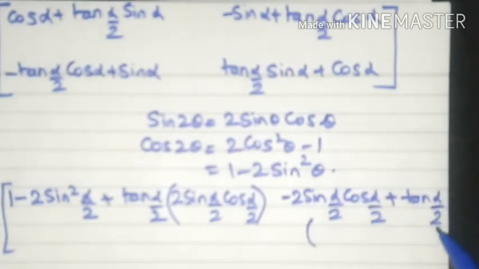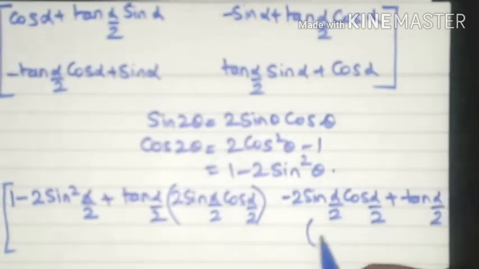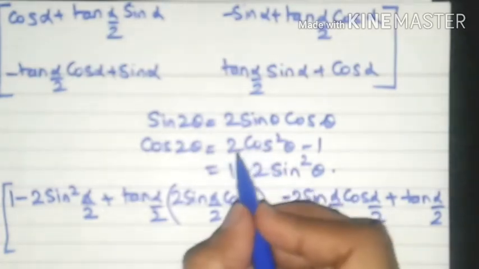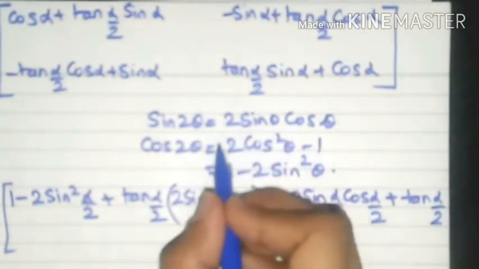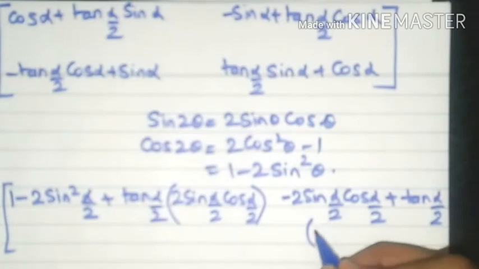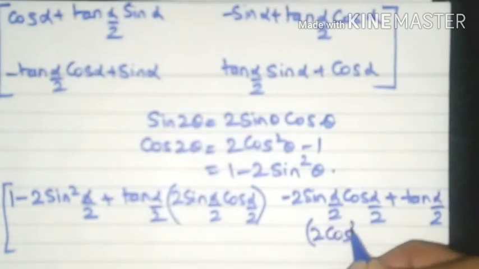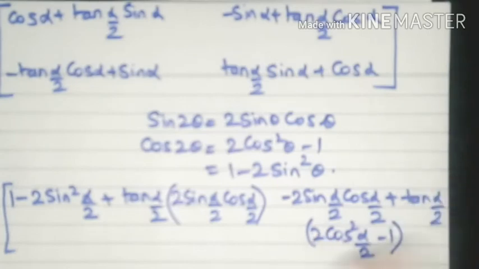Since I have tan alpha by 2, I will get sin alpha by 2 in the numerator and cos alpha by 2 in the denominator. So if I have a cos expression in the numerator, it will be easy for me to cancel. So it is better I use this formula of cos 2 theta. So I will write 2 cos square alpha by 2 minus 1, so that my cos term will get cancelled.